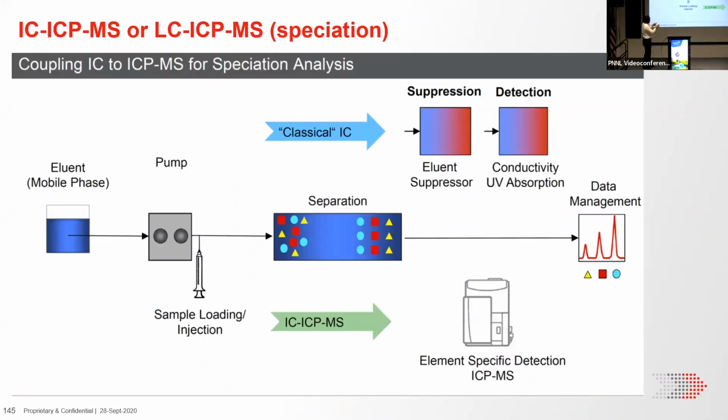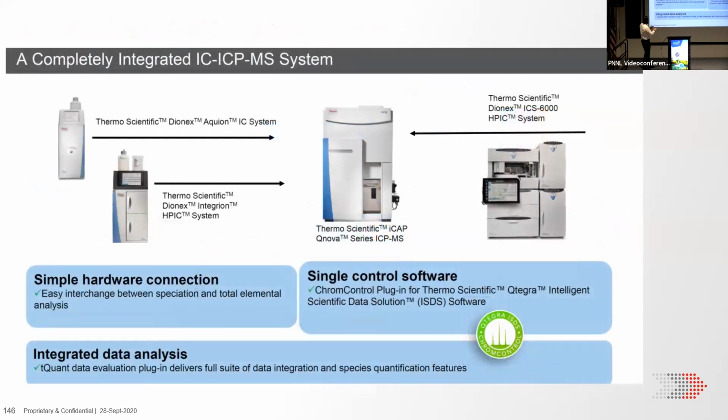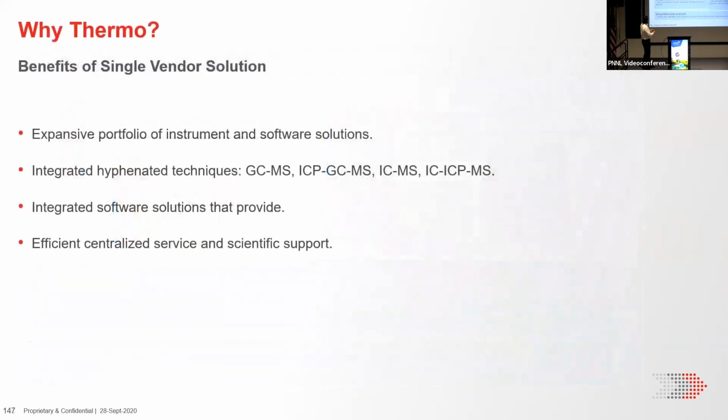We have the ability to interface both IC, ion chromatography, and HPLC to ICP-MS in what's commonly called speciation, as talked about earlier. We can do this with a simple hardware connection, being that we are the manufacturer of all the instruments in this particular system, with single control software and integrated data analysis.